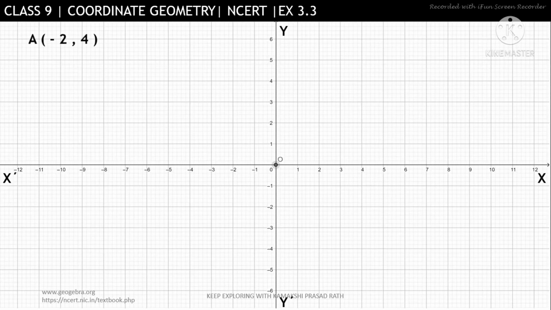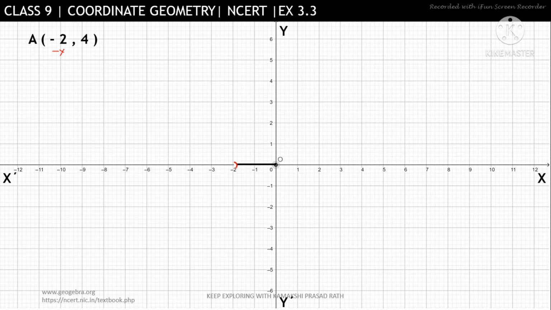To start with, the point A (-2, 4). Same thing, first we'll start from the origin. We'll move along the negative x, 2 units towards the negative x direction. You can see here, this is the negative x. So 2 units along the negative x direction, that is x dash.